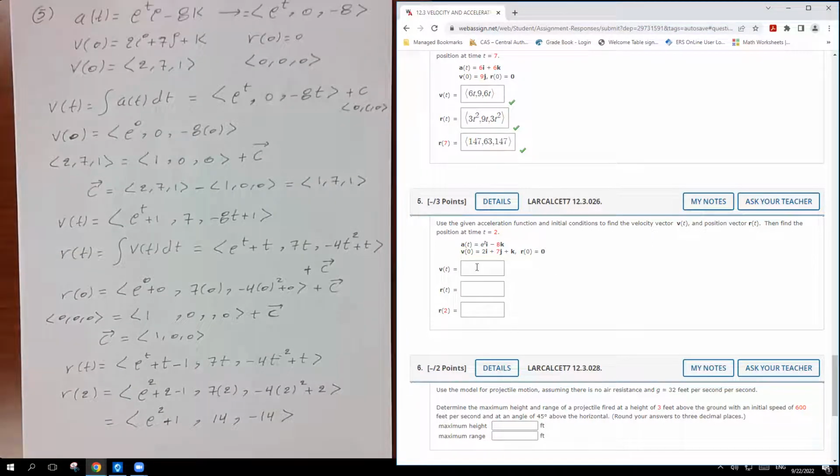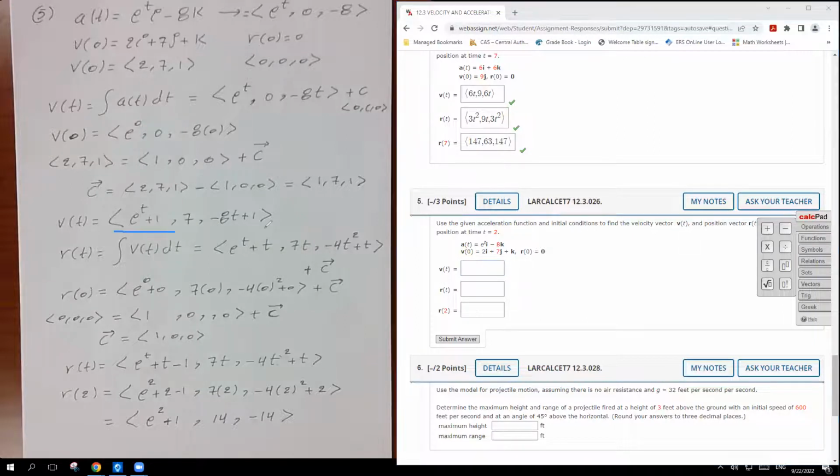Let's check that. The velocity is going to be, I'm going to look where is the velocity here. We're done. Here's the velocity vector. That means here's my velocity vector. And here is the position vector is going to be this one. And here's the final result.